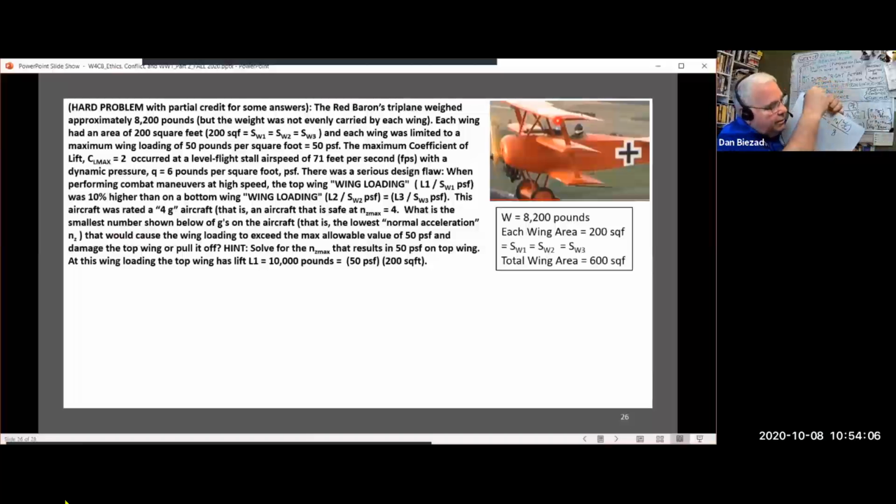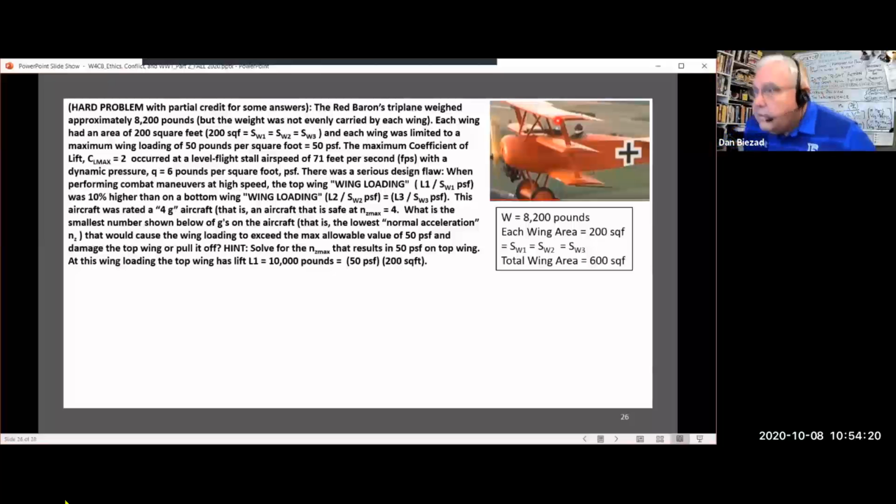This guy, that's going to be 50 pounds PSF. If I go more than that on any one of the wings, it'll break. But when I'm at 50 PSF, what is my G load? Are the engineers and the builders correct, basically?